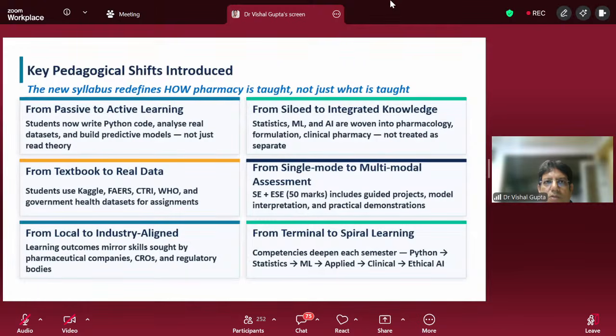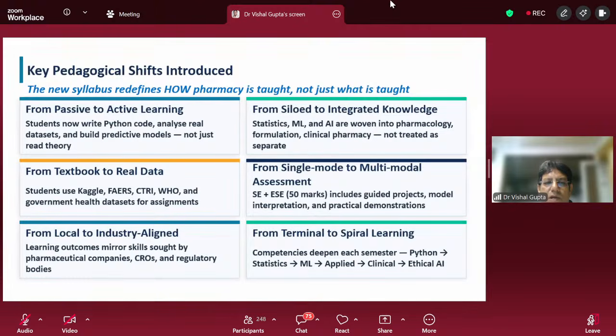The key pedagogical shifts which we have introduced is that we are redefining the thought process, not only how pharmacy is taught, but going over from just what is taught. So we have moved from passive to active learning, where students will be learning to code, decode, and write programs.